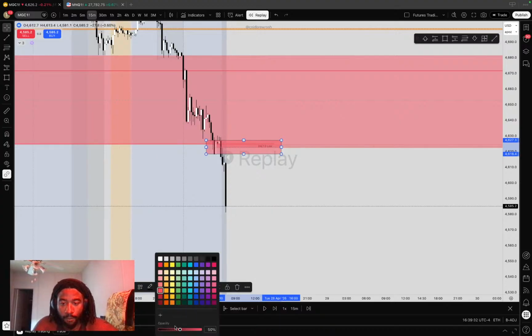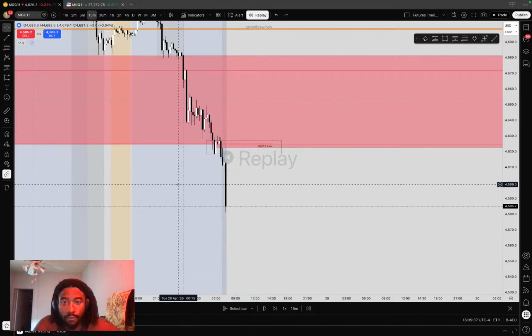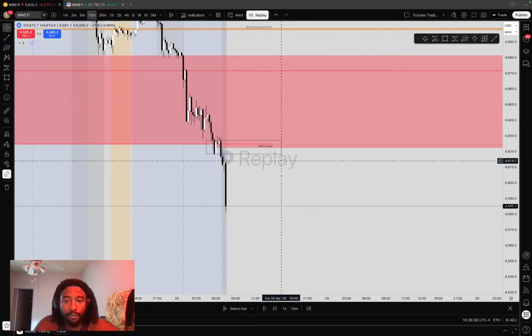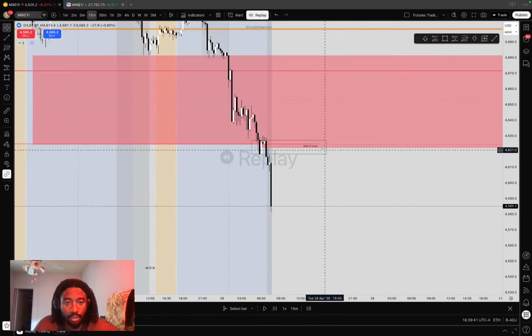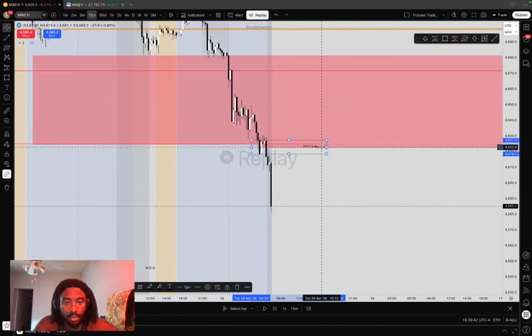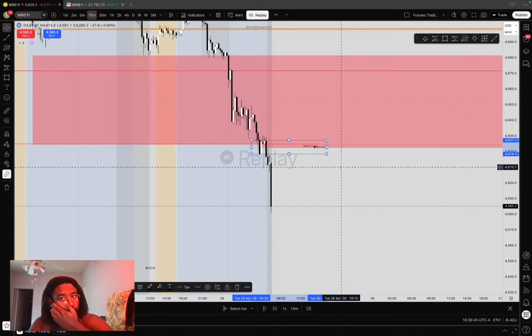And we're not. We're trying to figure this out for ourselves. And personally, I don't really benefit from utilizing balanced price ranges as much as I utilize inversion fair value gaps or just fair value gaps at these external range liquidity or internal range liquidity areas.